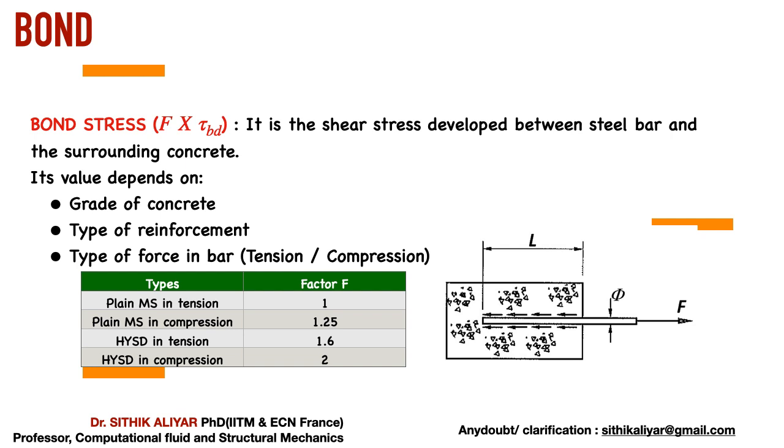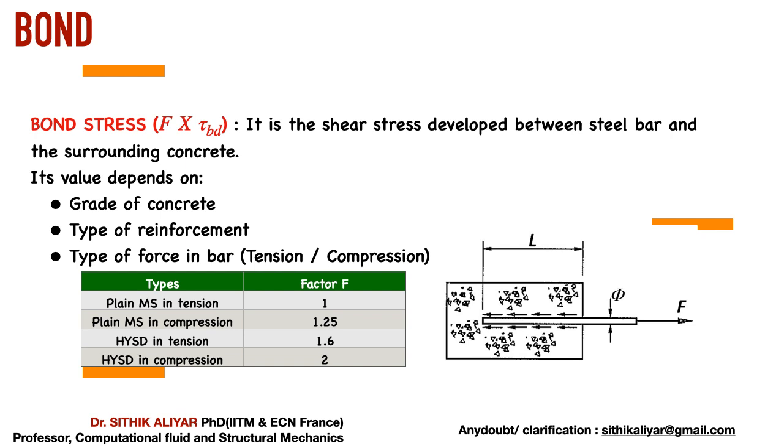If the given question has a plain mild steel bar in tension, then you use the tau BD directly. If they give a plain mild steel bar in compression, you have to multiply by 1.25, so you get 25% more bond. Why do you get more in compression? If you know the Poisson effect, when you are pulling the steel bar outward, the central width and depth will come down.